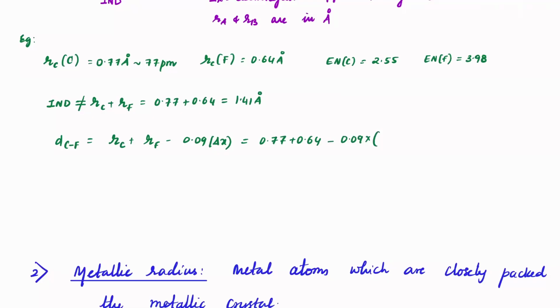How much is the electronegativity difference here? The difference is 1.43, 3.98 minus 2.55. On calculating all of this, 1.41 minus all of this comes out to be 1.2813. Got it? So this is the actual distance.